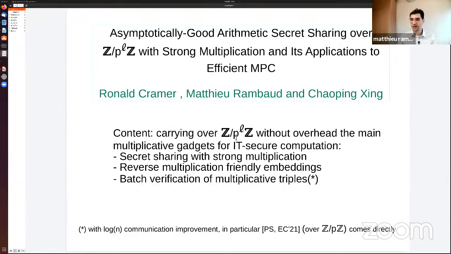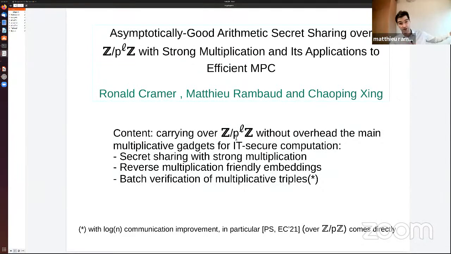These multiplicative gadgets, apart from the one in the title, which is secret sharing, are reverse multiplication friendly embeddings, which I recall are useful to amortize the cost of many evaluations in parallel of the same circuit. And the third gadget is the batch verification of multiplicative triples.